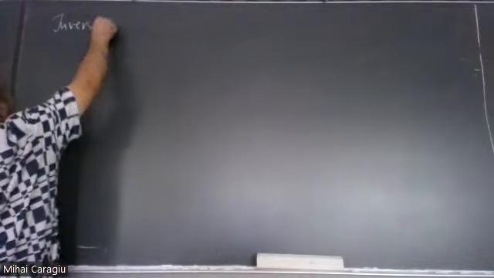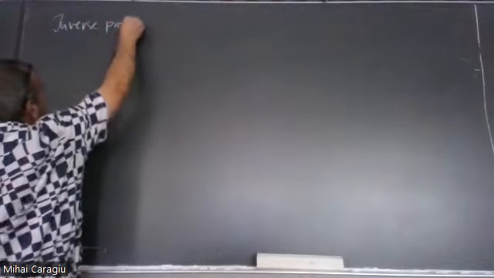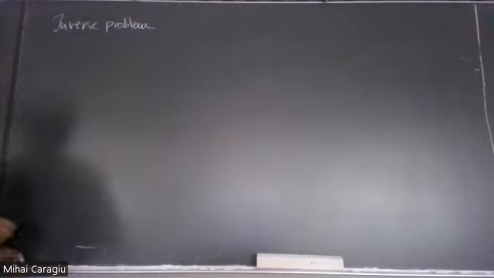Okay, so now we are going through the inverse process. If we have the truth table, we need a compound proposition.